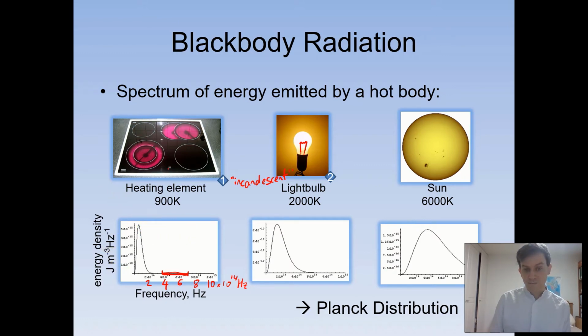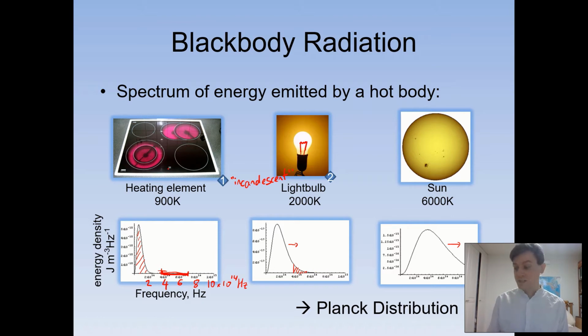You can see that as the temperature increases, the curve is stretched more towards higher frequencies. For the heating element here, there is actually very little visible light. Most of the light energy is here, which is actually infrared, and only a tiny amount of light in the visible part of the spectrum is emitted. For these light bulbs, it's the same as well. The visible spectrum starts somewhere here, so the light we can see is just that much.